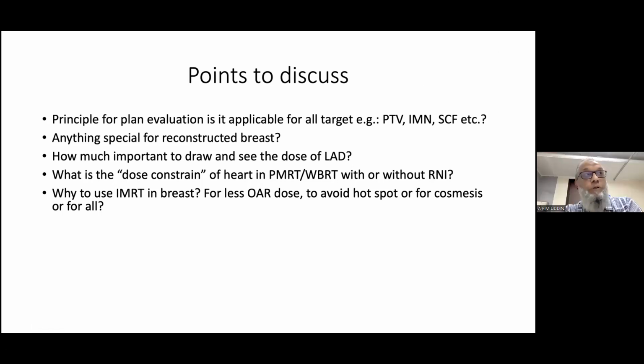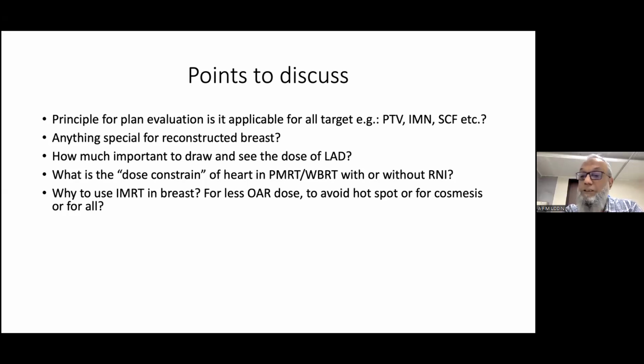Yeah, that's true. I mean, the point I was making is that whether we are doing a post-mastectomy or whole breast, whether we're including RNI or not, should not change the principle of our heart dose. Heart dose is heart dose. So our target is, say, in my institute, I don't accept above 4, and it should be for all. It cannot be an excuse that as it is a PMRT, I'm allowing more. No, because all hearts are equally vulnerable, and normally we don't know the real dose. 3.3 was a cutoff.